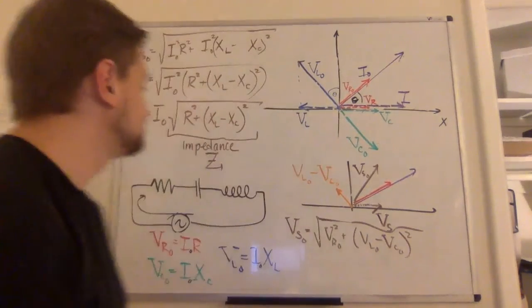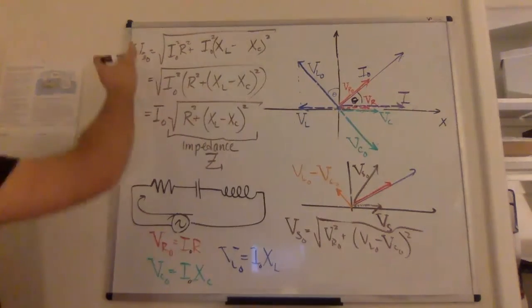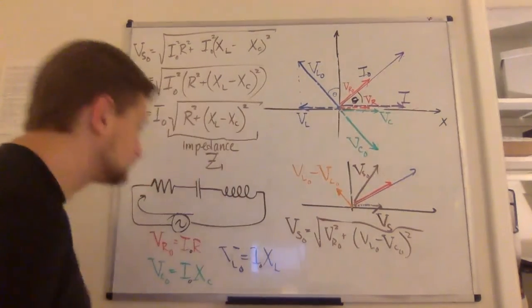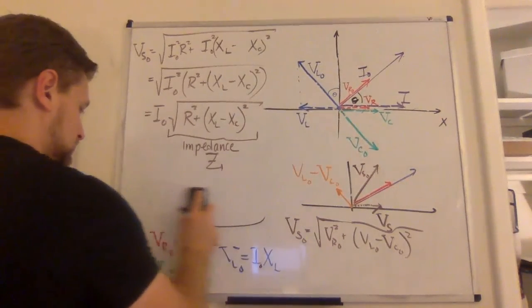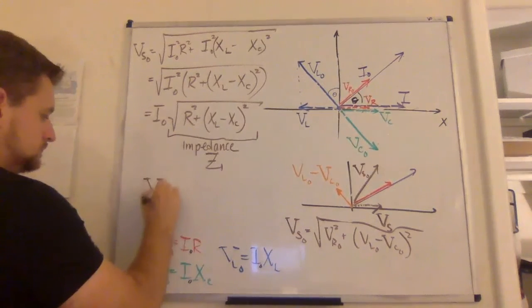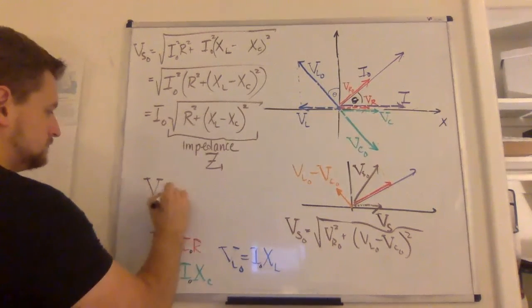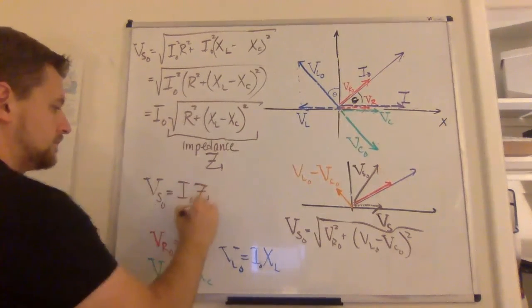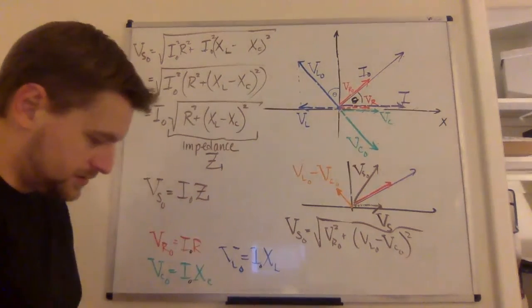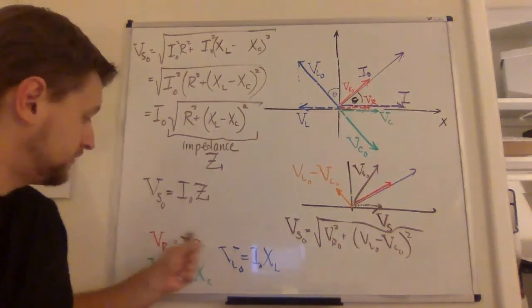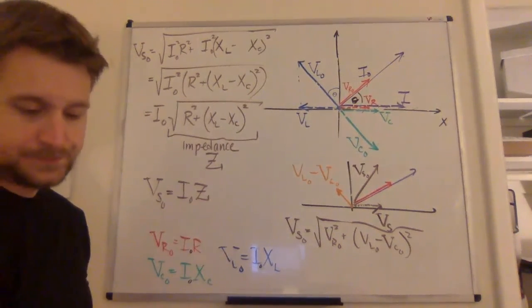So we can write the source voltage amplitude as I0 Z, in a really nice pattern with the individual components.